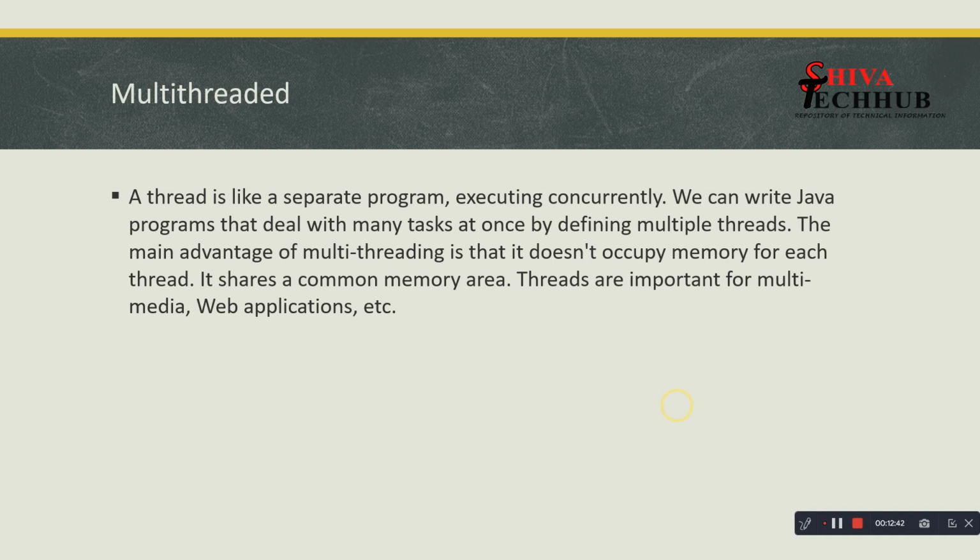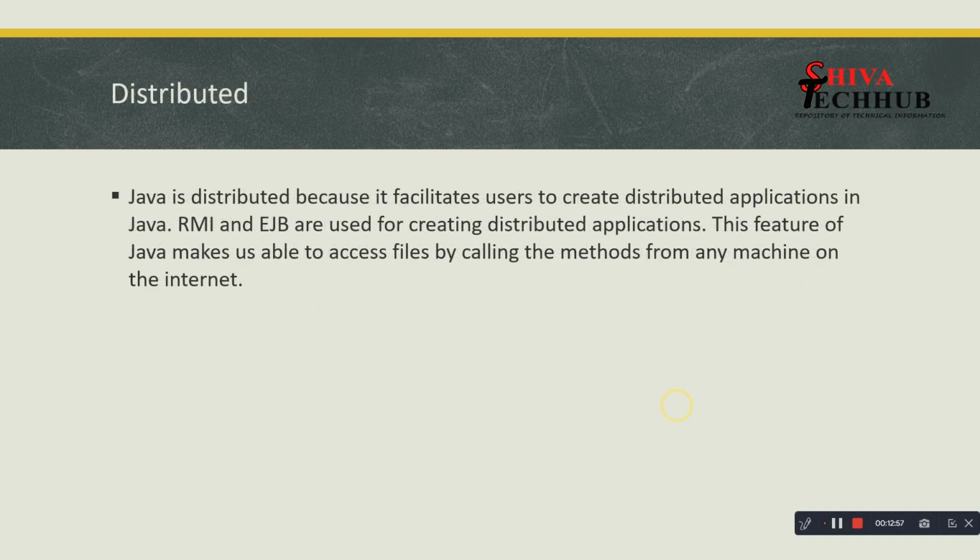Whatever memory location is available, all those 100 threads share the common memory location. Java supports this kind of functionality, and that is why we call Java a multi-threaded programming language.